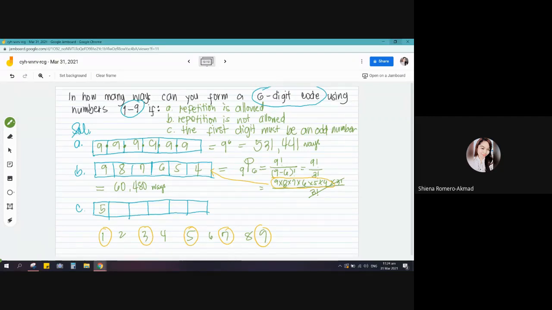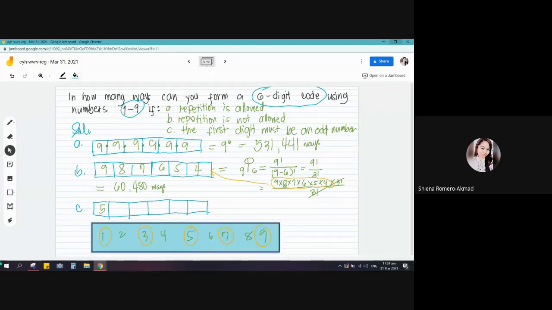Kunwari, mamili ako dyan ng isa. Ilan na lang po yung choices ko for the second position? Slowly. Four po. 4 ba?